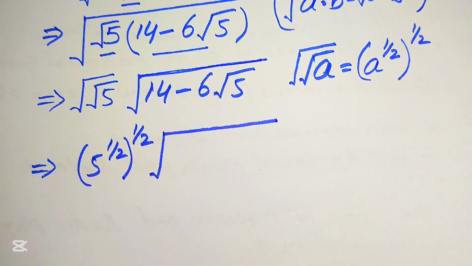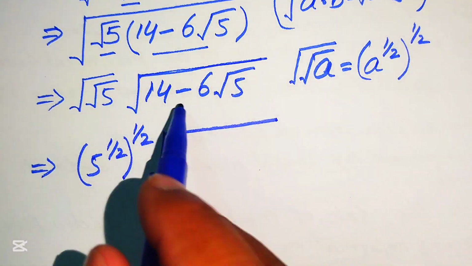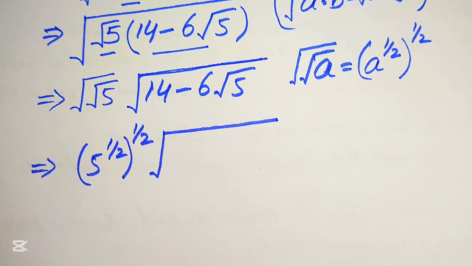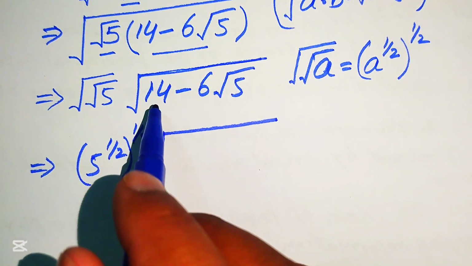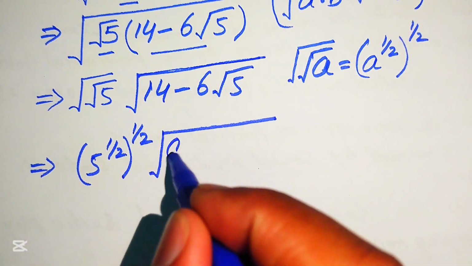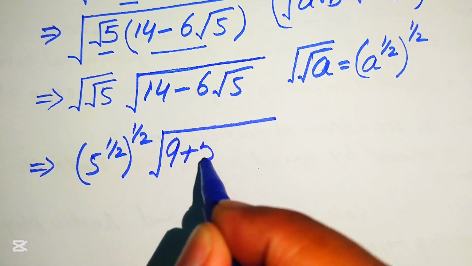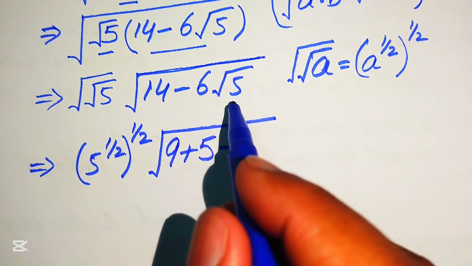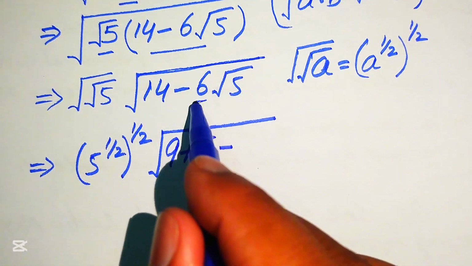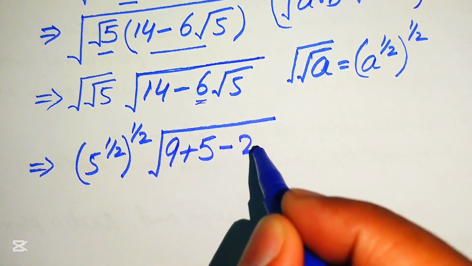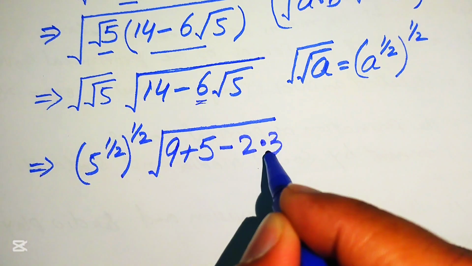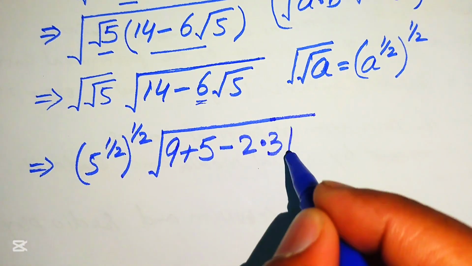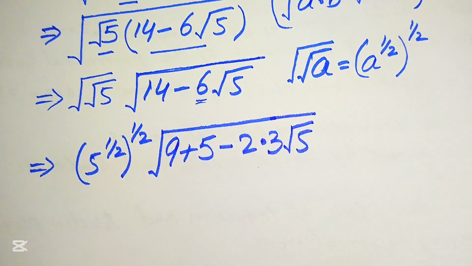Here we have 14 minus 6 times the square root of 5, and we break the 14 and write it as 9 plus 5, minus 6 times the square root of 5. We write this 6 as 2 times 3, times the square root of 5.